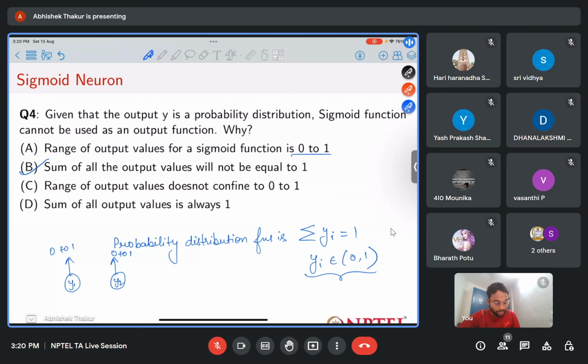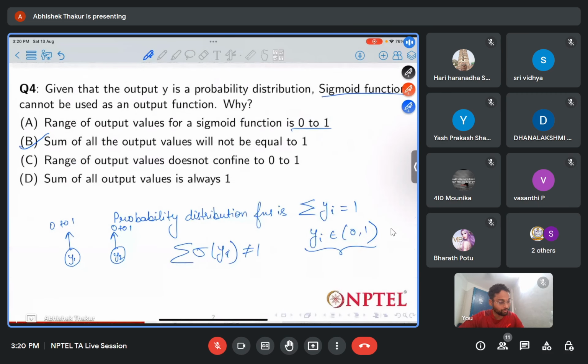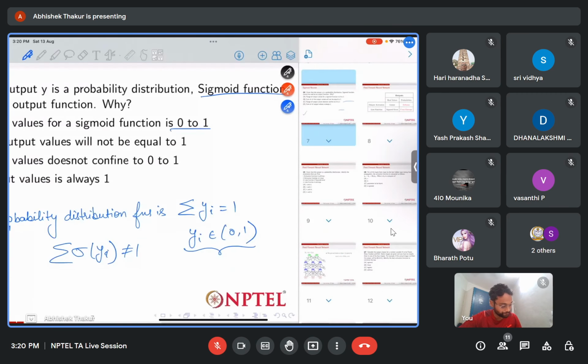So the sum of all the output values will not be equal to 1. That is the problem with the sigmoid function: the summation of yi is not equal to 1. But if we take the softmax function, the summation is equal to 1.